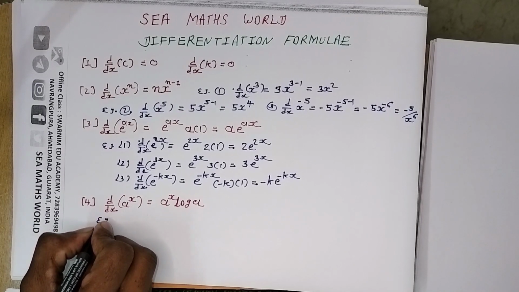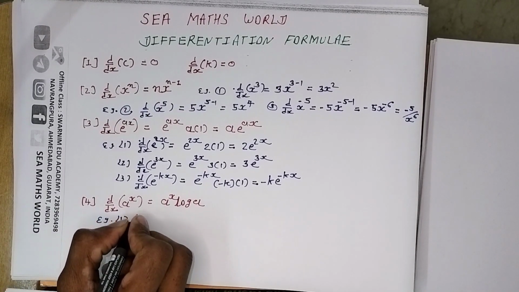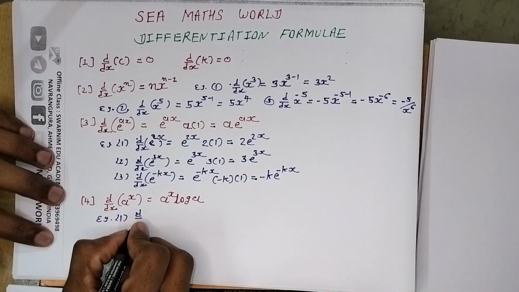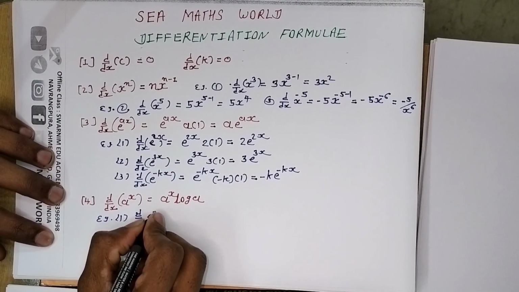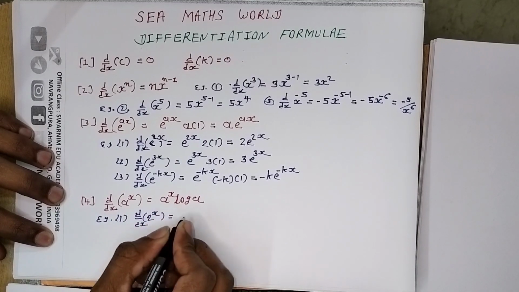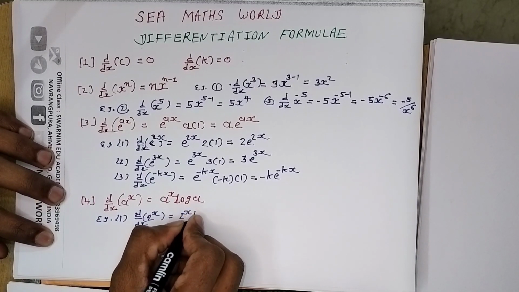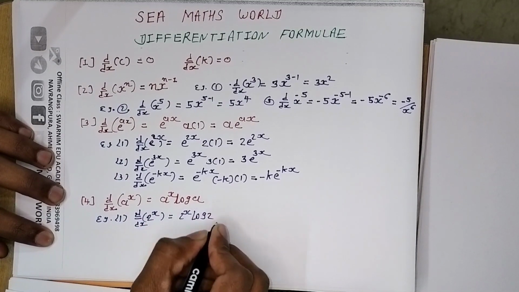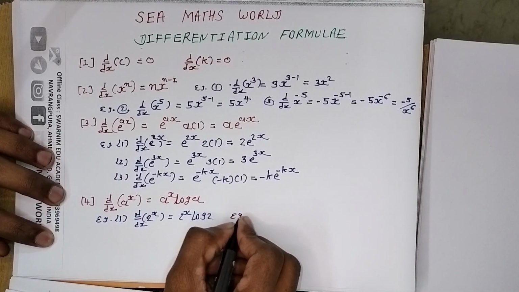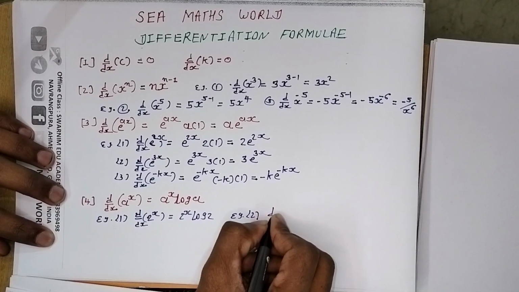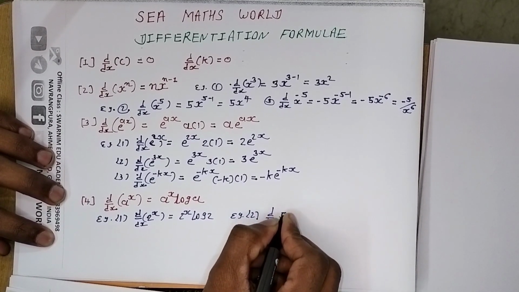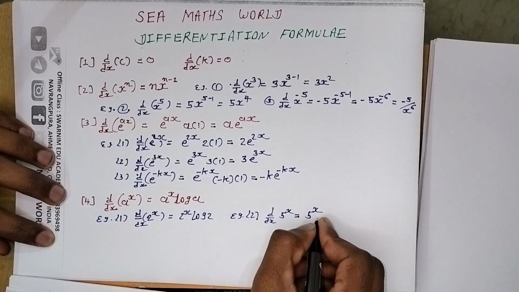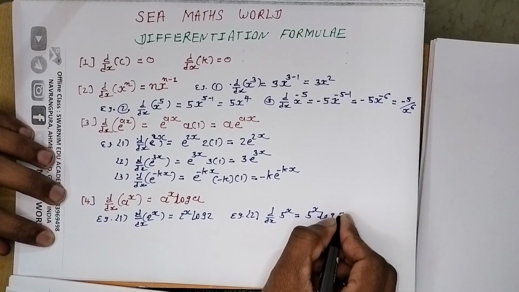Let's understand the example, differentiation of 2 raised to x is equal to 2 raised to x into, apply the log to the base, here is 2, so log 2. One more example, differentiation of 5 raised to x. So 5 raised to x as it is, then apply the log to the 5, so log 5.